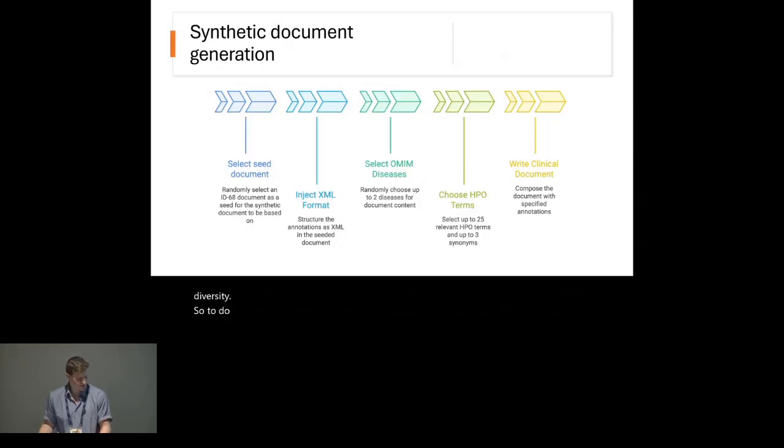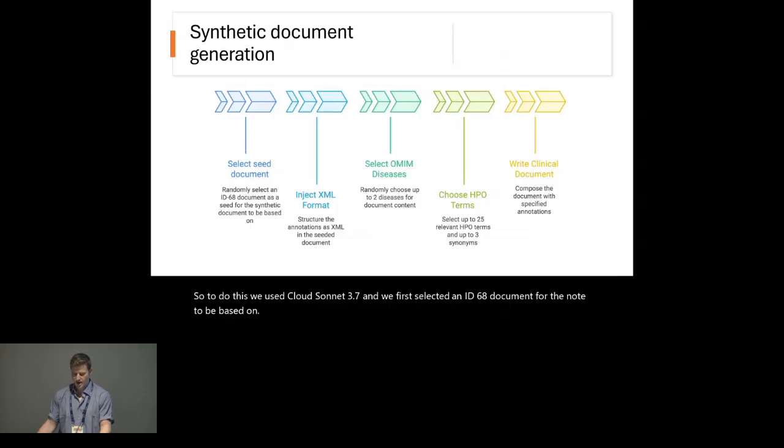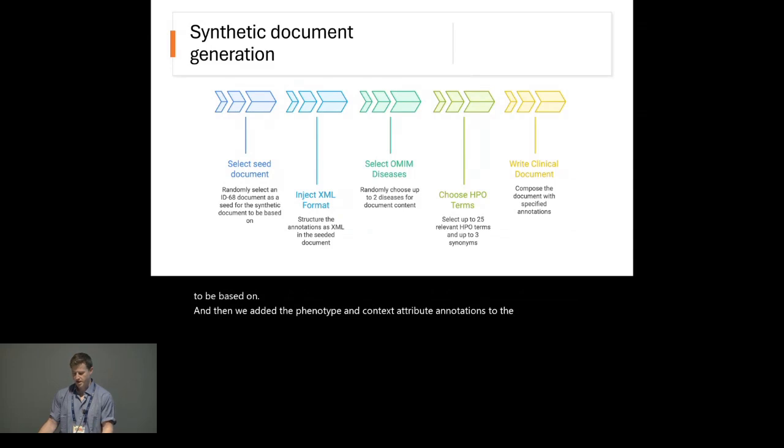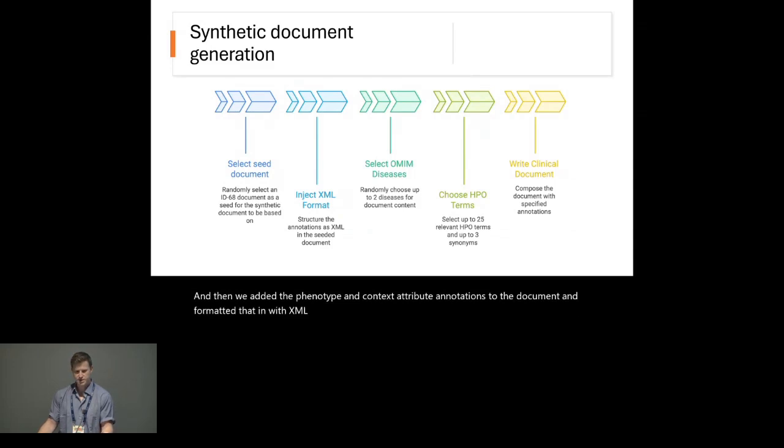To do this, we used Claude Sonnet 3.7, and we first selected an ID68 document for the note to be based on. Then we added the phenotype and context attribute annotations to the document and formatted that with XML tags. I'll show an example of that in a minute. Then we instruct the LLM to write a synthetic document that's based on the annotated text and similar in tone and structure, but we want to ensure that the context is different from the seeded document.